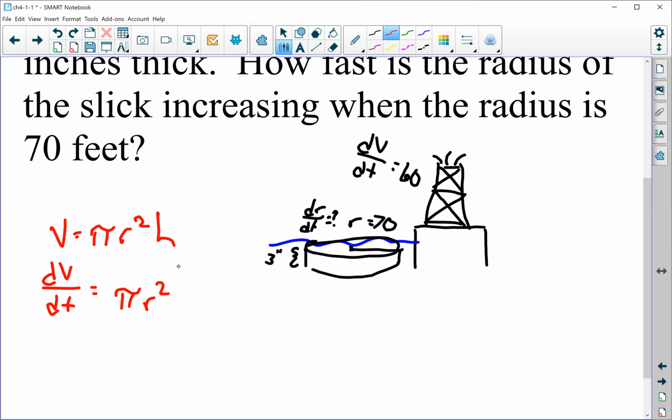R squared, derivative of h, is dh over dt. Again, pi is a constant. In this case, we're going to take the derivative of r squared. So we have the h, and derivative of r squared is 2r times the derivative of r, which is dr over dt. So there's where the chain rule comes into play.